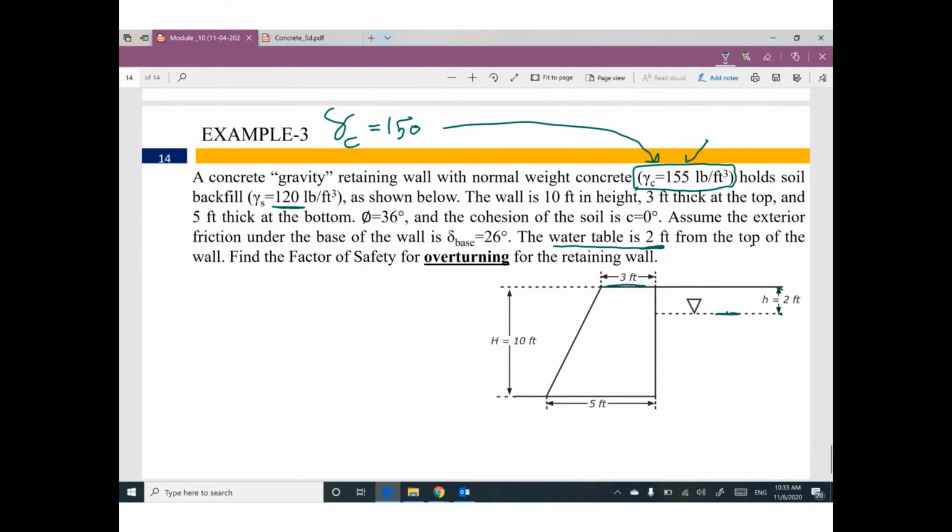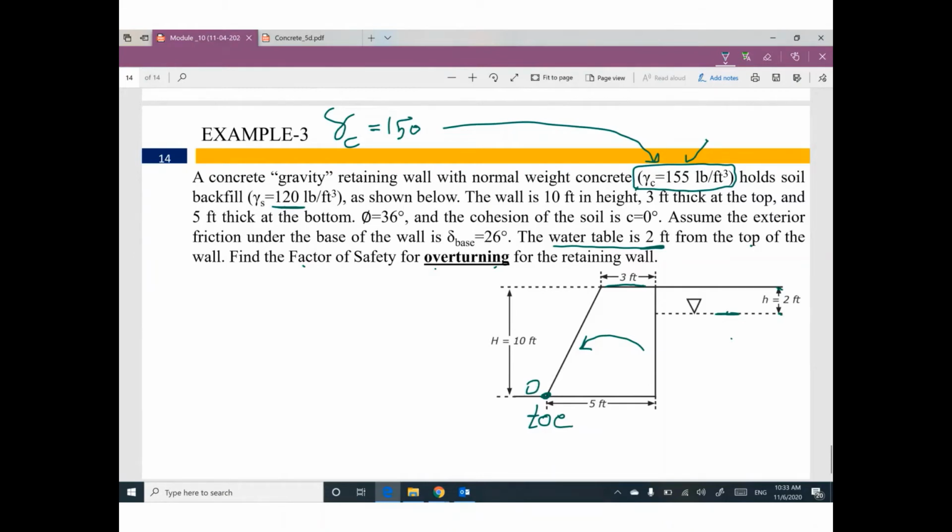Let's start to see what's going on. We need to find the factor of safety against overturning. My first question: the soil behind this retaining wall will try to overturn this retaining wall in this direction. I mean about this toe, point O.